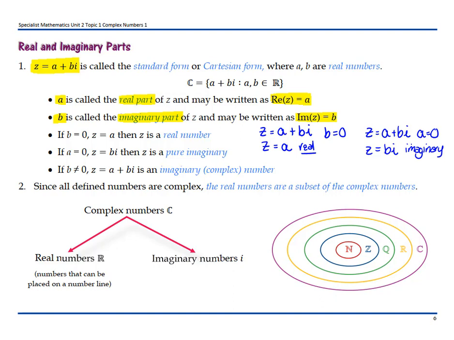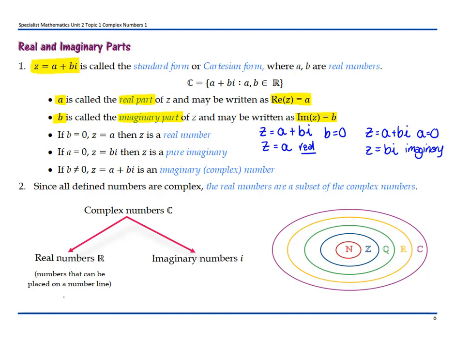Now, since all defined numbers are complex, the real number set is actually a subset of the complex number system. So if you think back to our flowchart of our numbers or even our Venn diagram of our numbers, I've now included here the complex number system. So our complex numbers split into real numbers, which you've been dealing with up until this point.